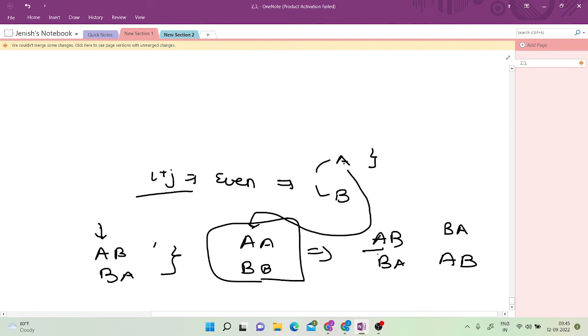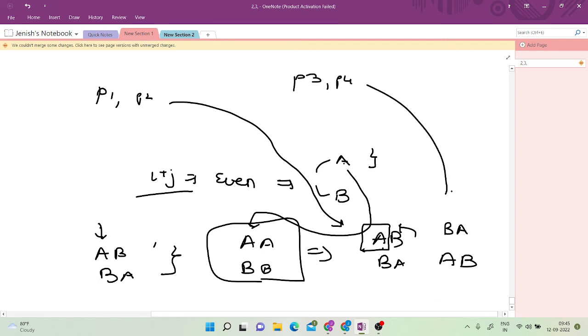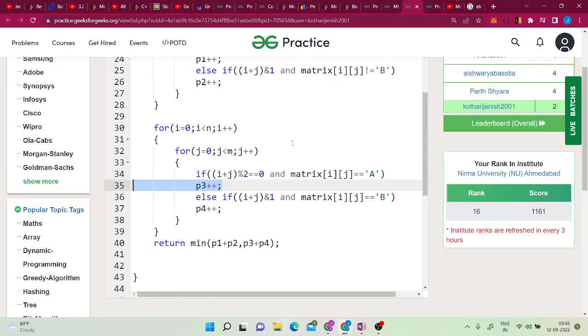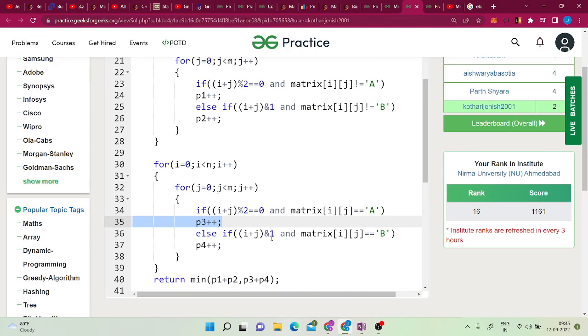Okay, and else if it is not an a, then I would increment my count, correct? And similarly, similar is the case with b. And finally I will have two variables p1 and p2 for the first matrix, meaning how many a's and b's are placed correctly. And similarly I have p3 and p4 variables for this matrix. Okay, so that's why I am having two loops, and correspondingly I am incrementing p3 and p4, and then finally I am returning the minimum of both of them.